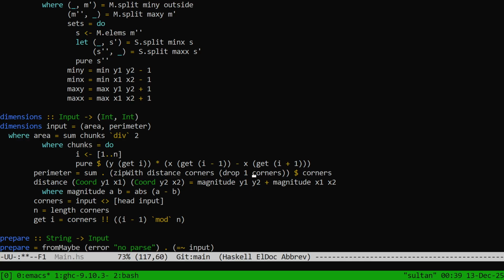There you go, drop one. You like that? Now it's total. And it'll just be silently wrong if I ever get a corners that is empty. Well, I guess it won't be wrong. It'll be 0.